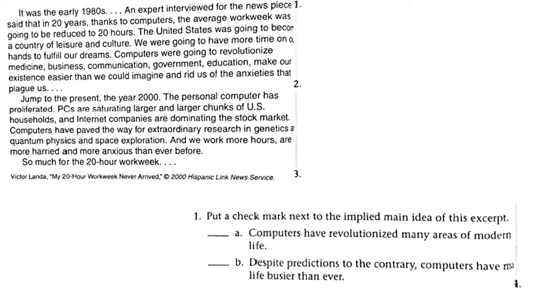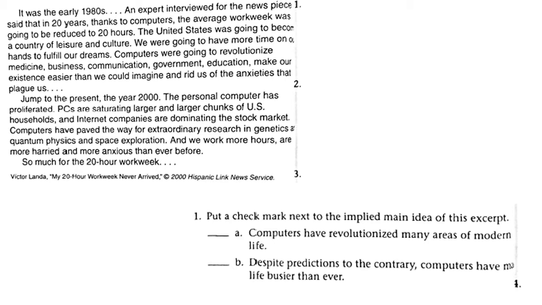Now, that paragraph is all talking about this person in the 1980s, what they were predicting. Jump to the present, the year 2000. Okay, now we're in 2021. This was written 20 years ago. The personal computer has proliferated. That means spread a lot.